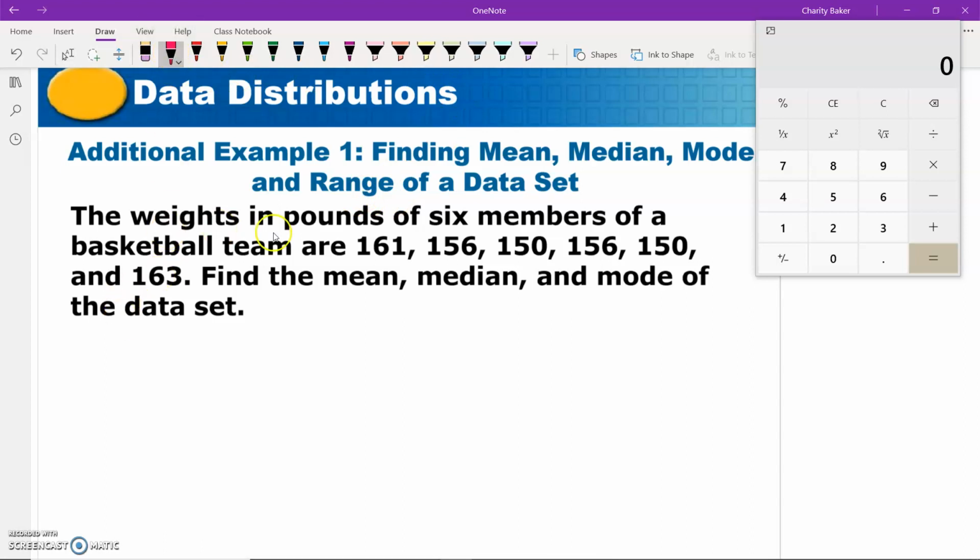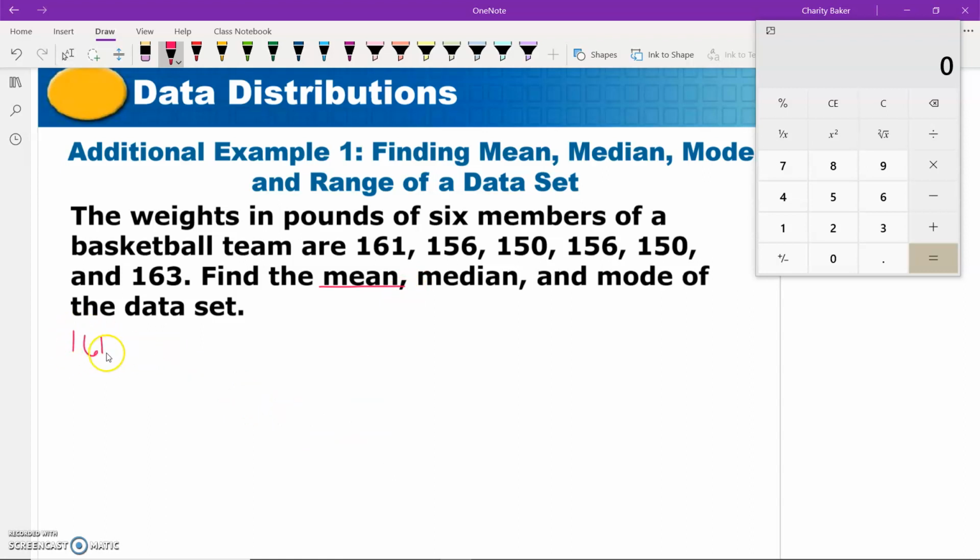First of all, the weights in pounds of 6 members of a basketball team are 161, 156, 150, 156, 150 again, and 163. So let's start by finding the mean. This is the one you probably know already, where we're just going to add them all together.